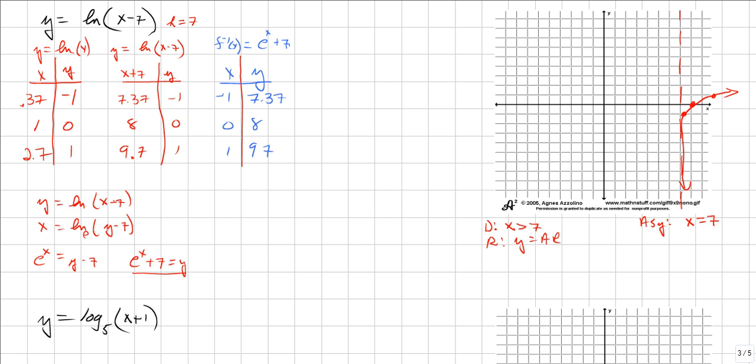Now let's go ahead and plot the inverse. The inverse is going to be negative 1 for x, 7.37; 0, 8; and then 1, 9.7.